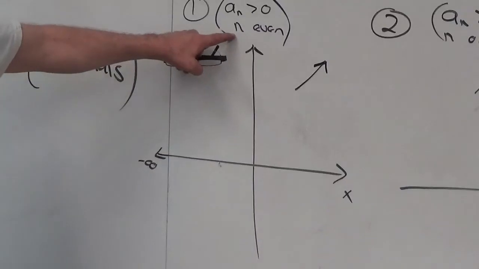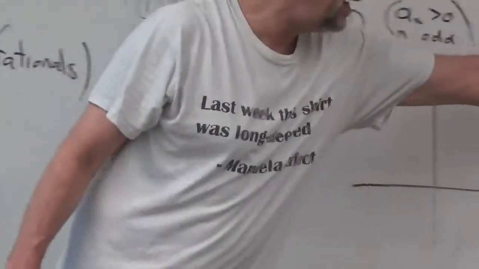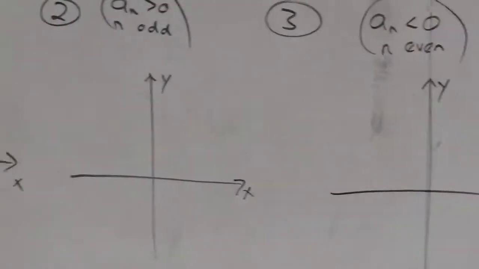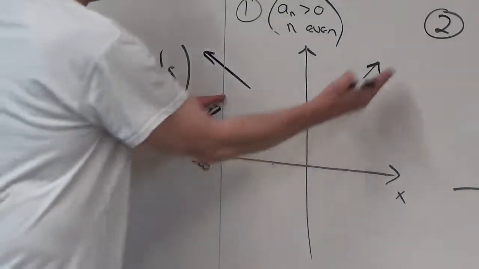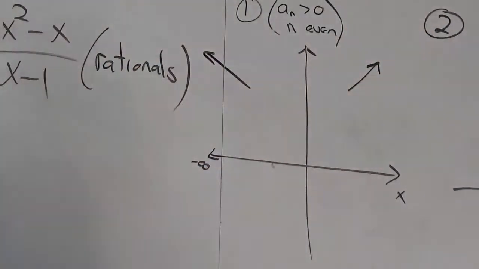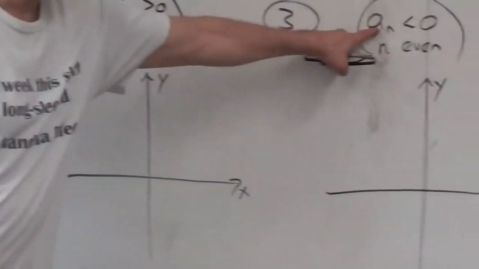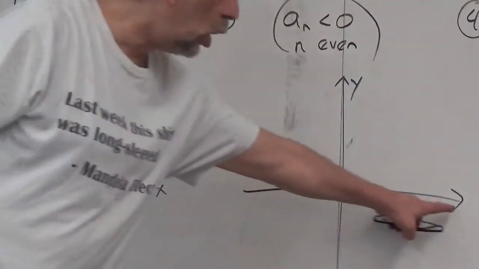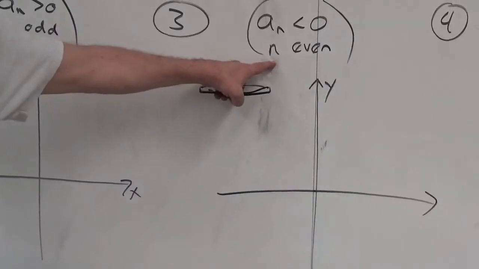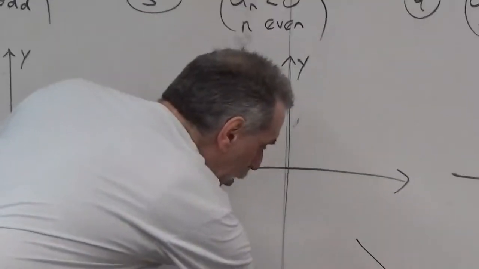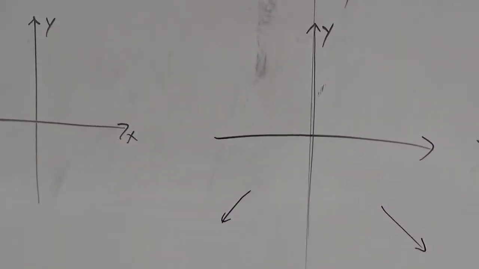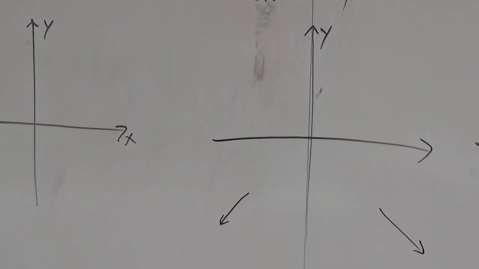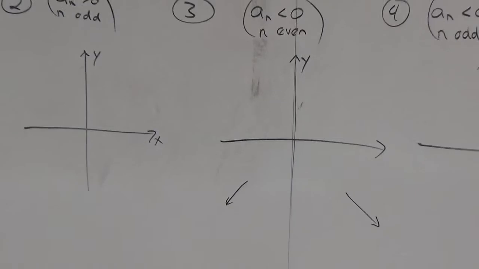For n being even, this case and this case, they're both going to rise to the right and to the left. And here, because the lead coefficient is negative, and we're putting a large x value in raised to an even power, it's going to go down in both directions. Okay, so when n is even, they're either both rising or both falling.